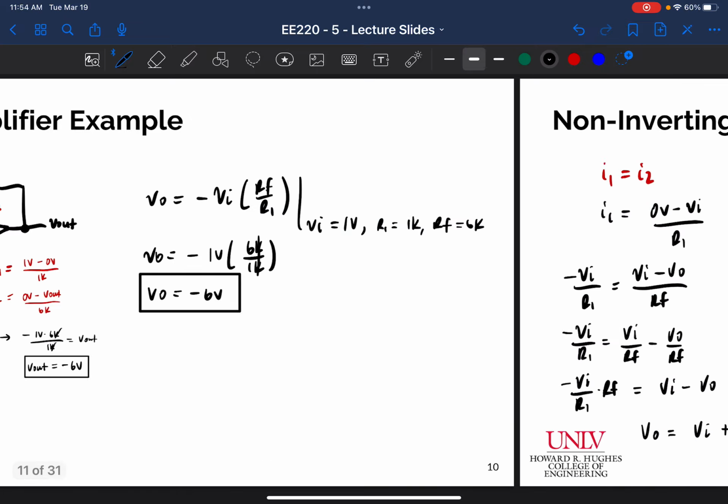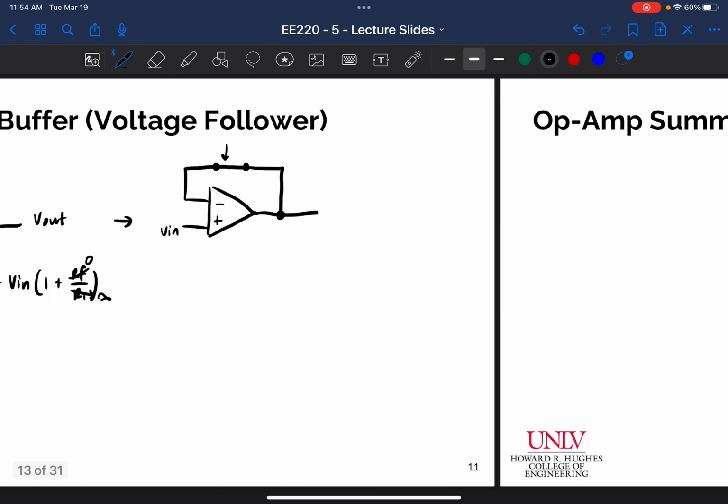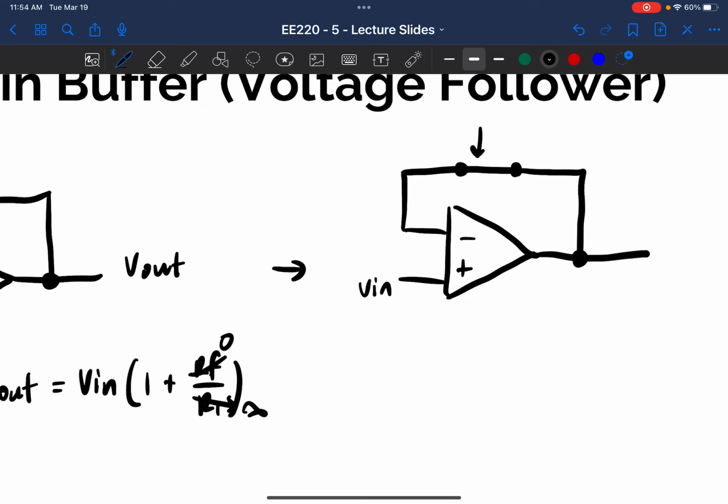We're talking about a unity gain buffer or a voltage follower. And again, we're back in the situation that we had, where if I have V in on the plus node, I know that my plus and my minus terminals have to be equal to each other. So then this node is also going to be V in. And because that node is connected to the output, then V out is also equal to V in.